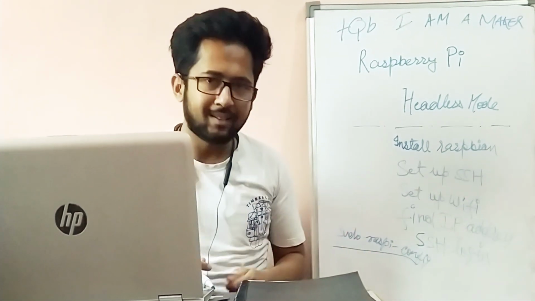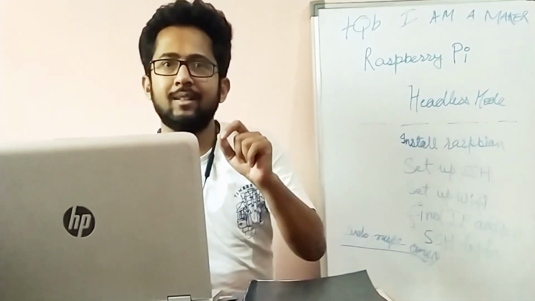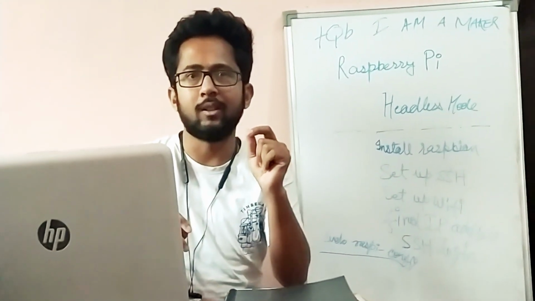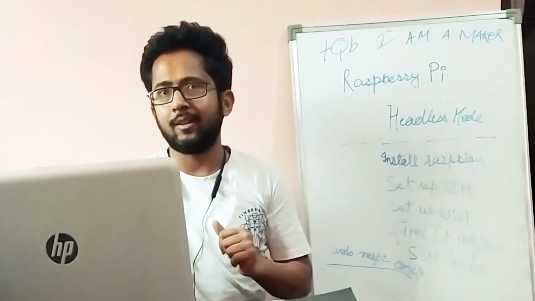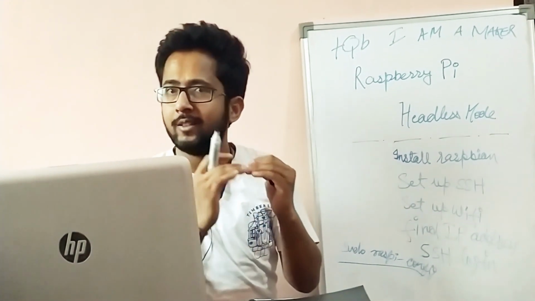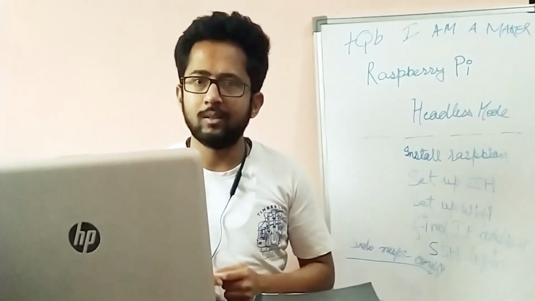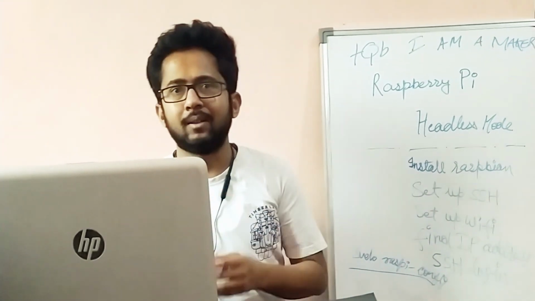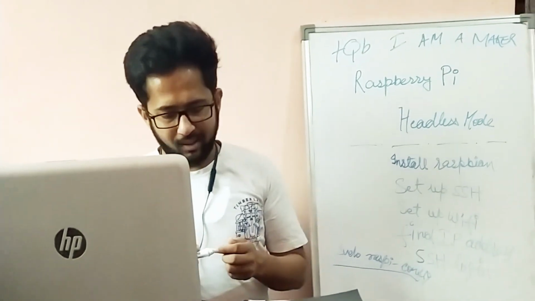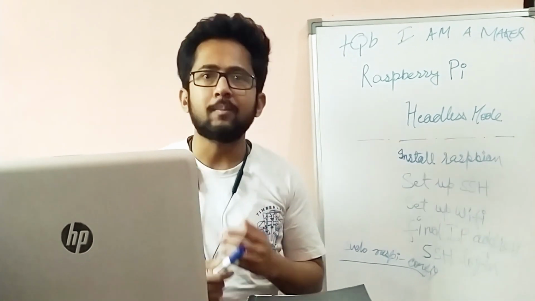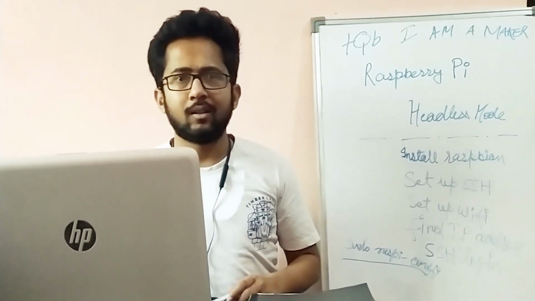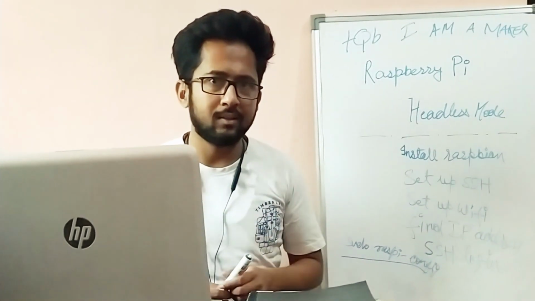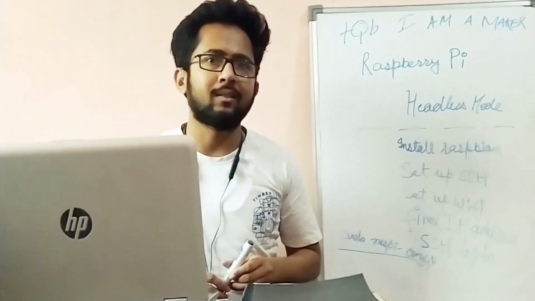You just press enter, and a dialog box will appear, and in that dialog box you will see one option called interface. Click on that interface option and you will see VNC. You click on VNC, you will see enable VNC, yes or no. You click on yes. After that, reboot your Raspberry Pi. After it reboots, you can start the Raspberry Pi, enter the IP address, and then you will get GUI access to your Raspberry Pi.